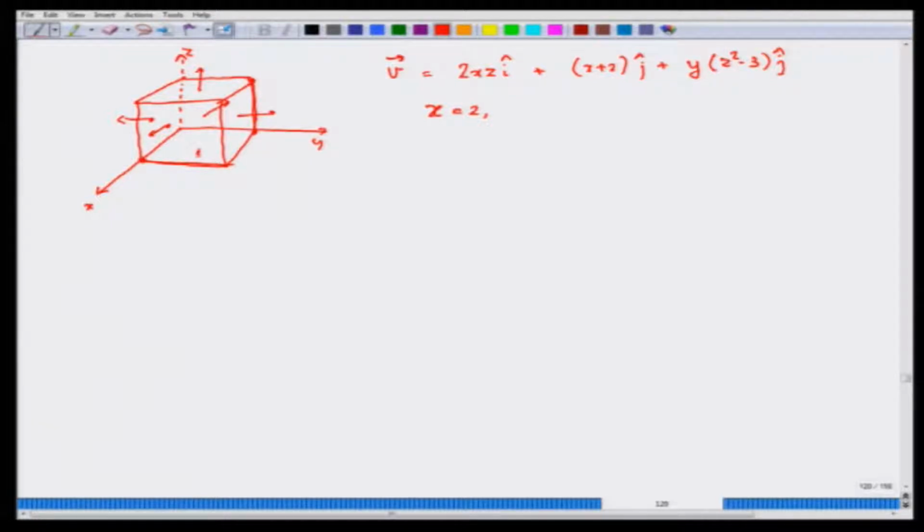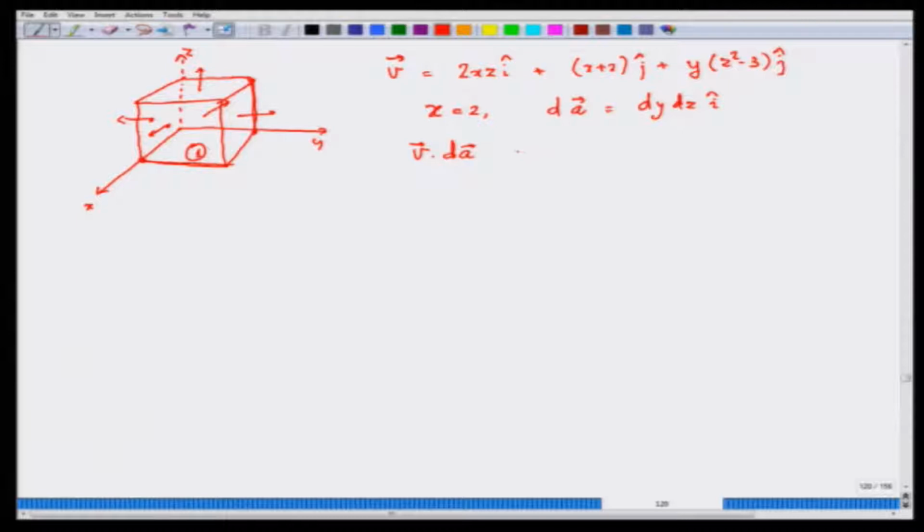Then dA vector is dy dz along the i vector. So v dot dA, assuming that x is equal to 2, the rest is 0.